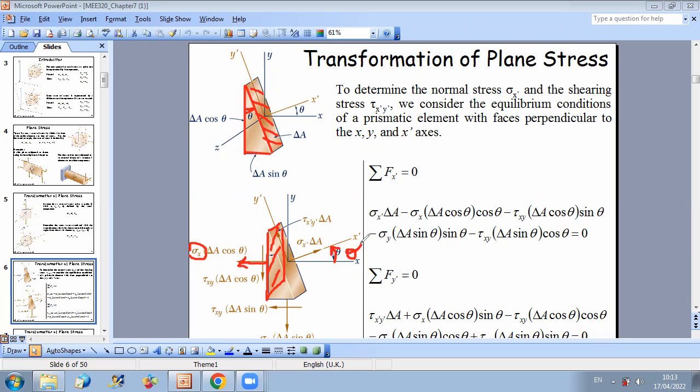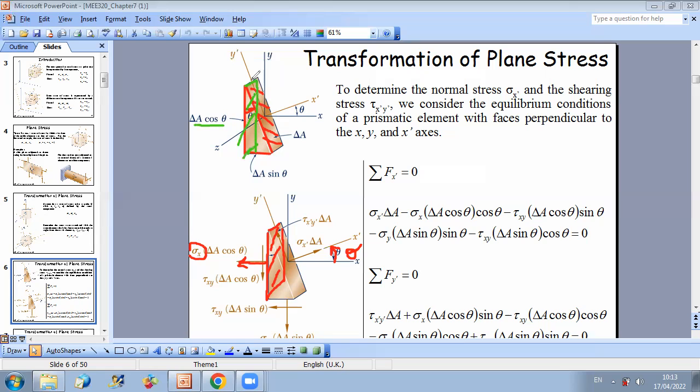And therefore, you can say that the angle between y prime and y is also equal to theta. So the area of this face can be related to the red area by saying that delta A times cosine theta will give me this area.